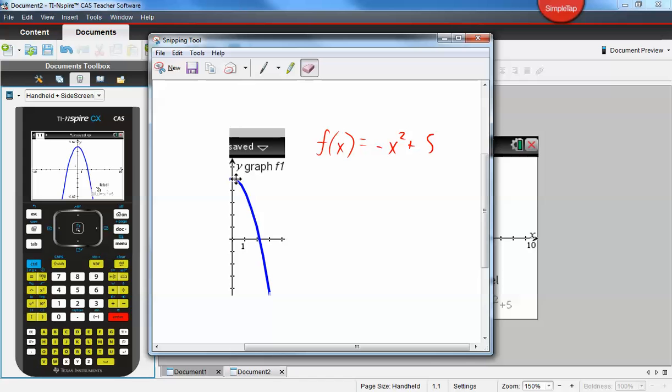And I said I wanted to just look at this part right here. Just for a super rough estimate, if I know this is 5 up here, and this is 0 on the x, that's 5 on the y, and that's about 2 on the x.